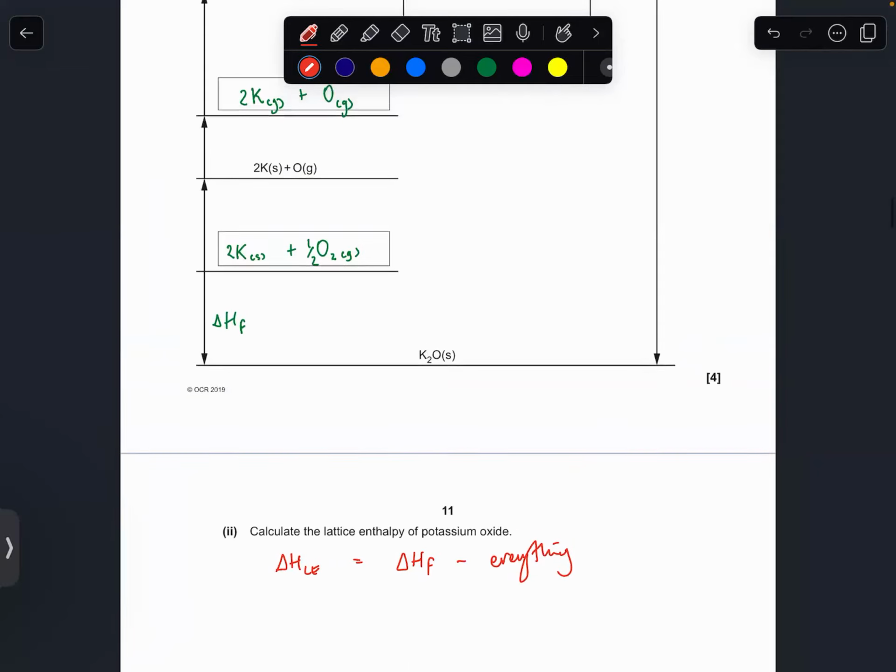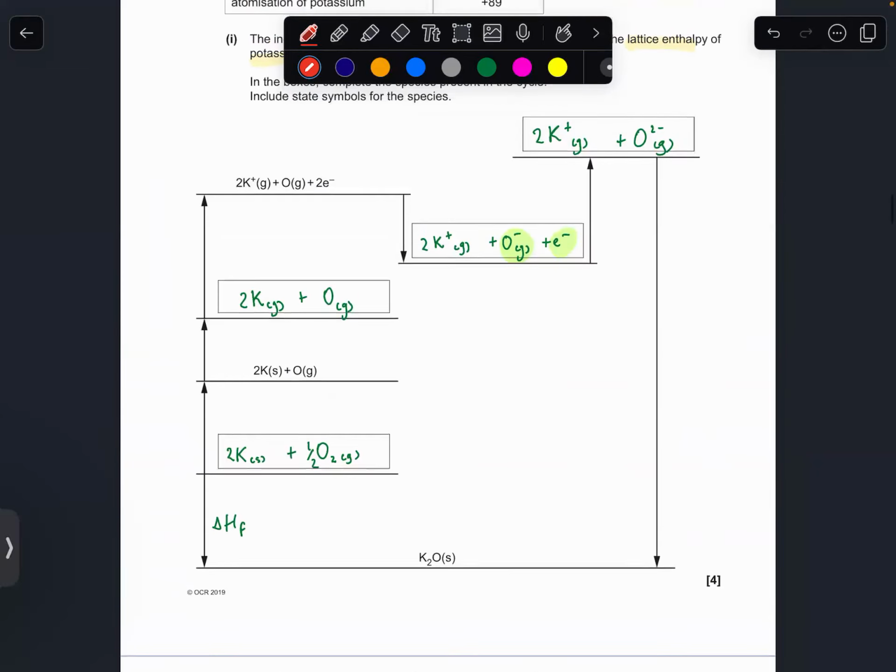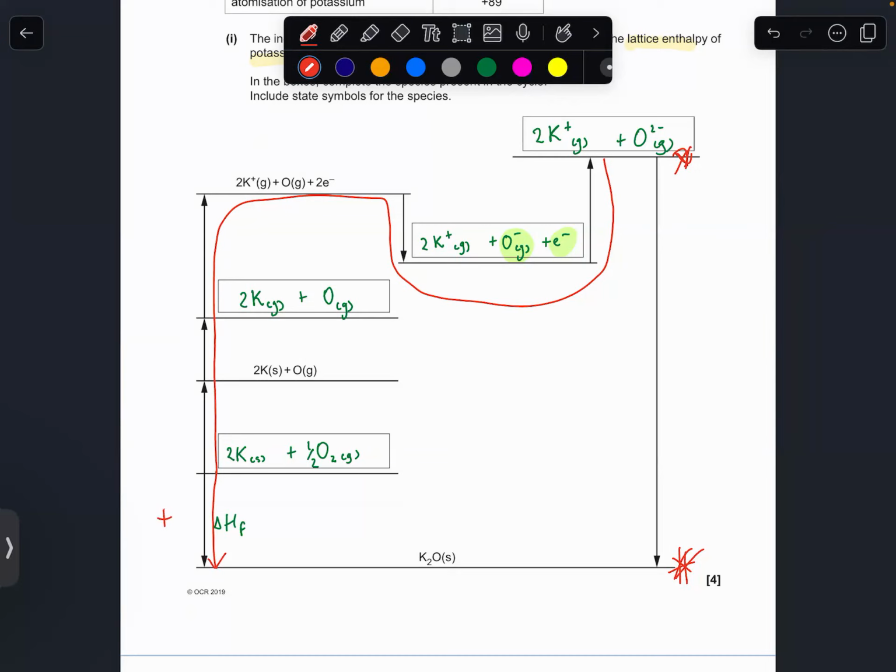And just to show you, we are trying to get from here to here. We don't know what that route is, but we know the opposite route. So let's go against this arrow, minus, minus, minus, minus, minus, and we've got a plus enthalpy change of formation because we're going with that arrow.